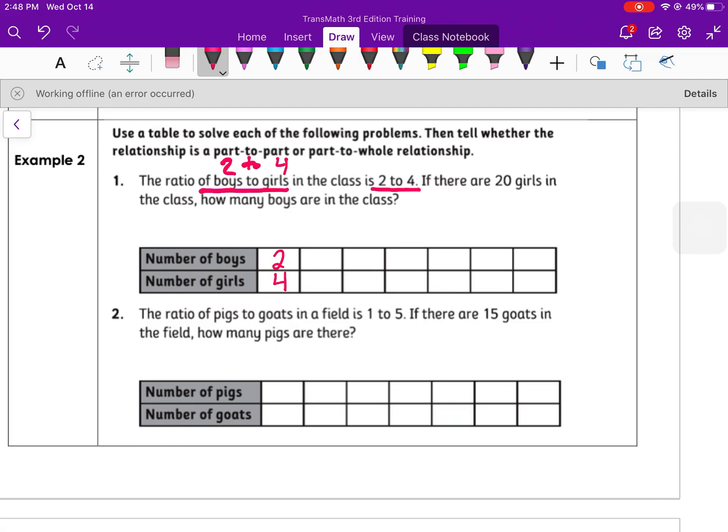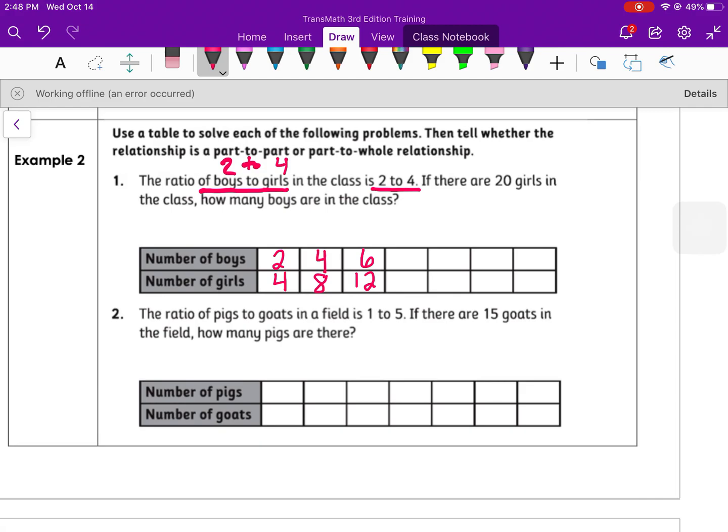So then if I double that, if there are 4 boys, that means there would be 8 girls because it's double. 2 boys, 4 girls. 4 boys, 8 girls. If you had 6 boys, there would be 12 girls.